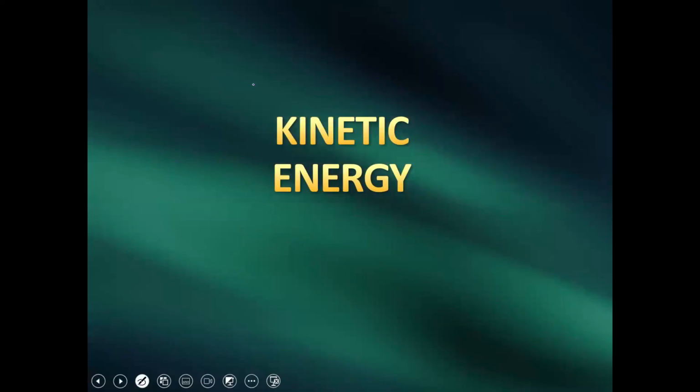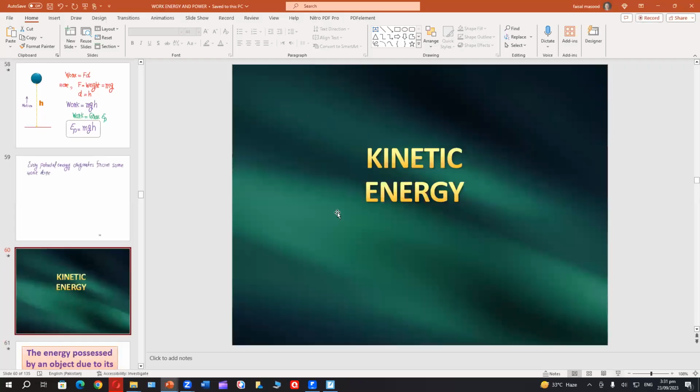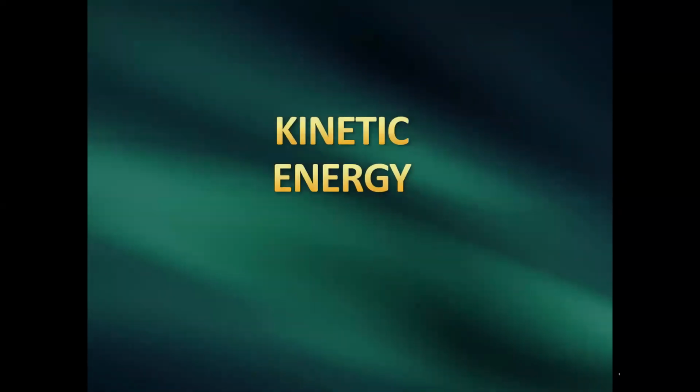Kinetic energy. Now I need its definition, and I am confident that this definition is very well known. Can you give the definition of kinetic energy? Reply, Zain, you are looking a bit slow today. Sir, I actually have a fever. Sorry to hear that.